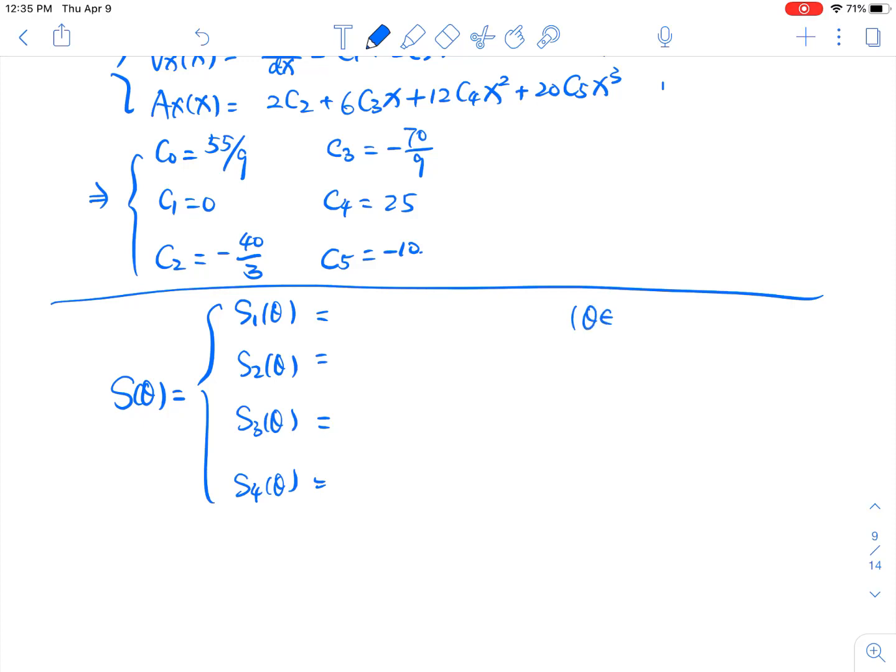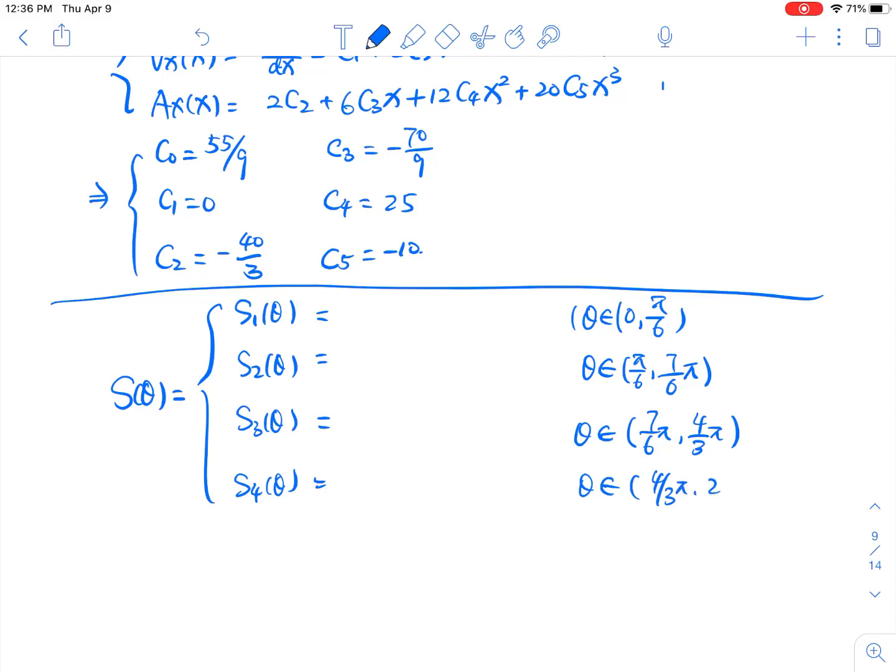The first one is theta from 0 to 6 pi. The second one is theta from 6 pi to, I believe, 2/3 pi. Sorry, I got it wrong. That should be 7/6 pi. The third one is theta from 7/6 pi to 4/3 pi. And the last one is from 4/3 pi to 2 pi.